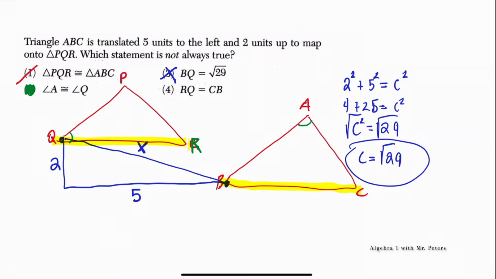Now, when we look at this, this is going to always be true because when we look at these two parts of the triangle, they're corresponding parts. And we know corresponding parts of congruent triangles are congruent. So this is always going to be true if it's just based off a translation. So that means that our correct answer is going to be answer choice number 2. A is not always going to be congruent to Q unless it's an equilateral triangle.